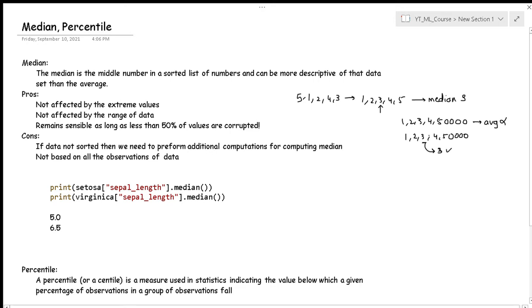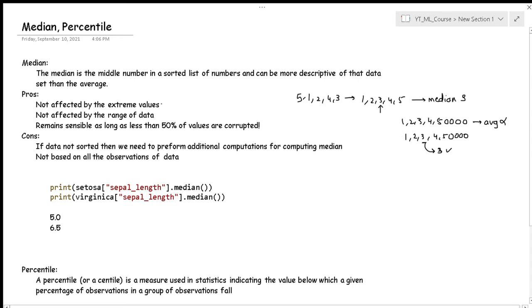From this I can understand that the values are somewhat single digit numbers, right? And it's much better than what value I would have got from the mean. So that's a very good thing about median, that it's less sensitive to corrupted data than the mean.